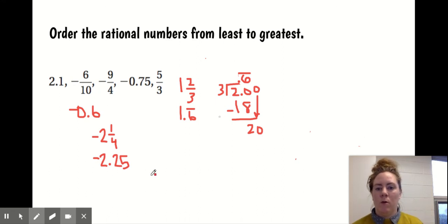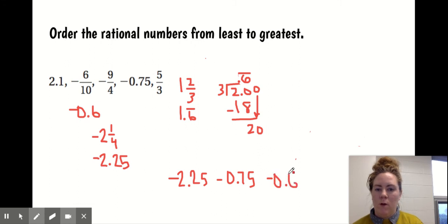Now I can put them in order. Which one is farthest from 0 in my negatives? Negative 2.25. Negative 0.75. Negative 0.6.